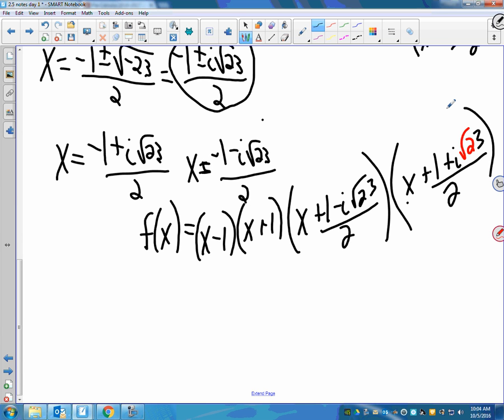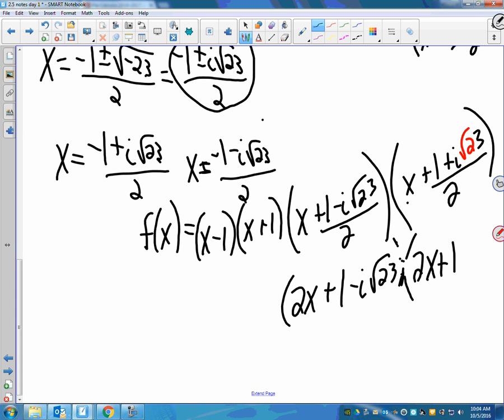Instead of leaving it like this, they're going to write it as 2x plus 1 minus i radical 23. All they've done is multiply this factor by 2, and that makes the 2x and cancels out this fraction. They're going to do the same thing for this one: 2x plus 1 plus i radical 23. I think we would agree it looks better not as a fraction, but it's the same thing.